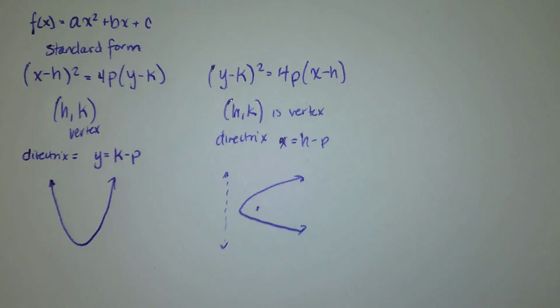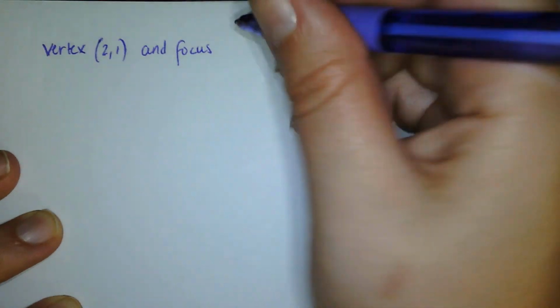All right, so we're going to take this information and use it to find the standard form of a parabola. So we have a parabola with a vertex at (2, 1) and a focus at (2, 4).